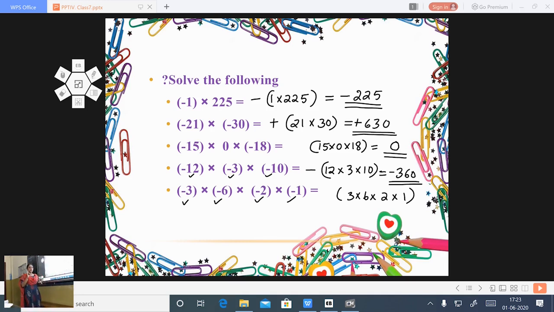We know that 4 is an even number, so the product will be positive. Multiply them. 3 into 6, 18. 18 into 2, 36. 36 into 1, 36. So the answer is positive 36. Is it clear? Okay.